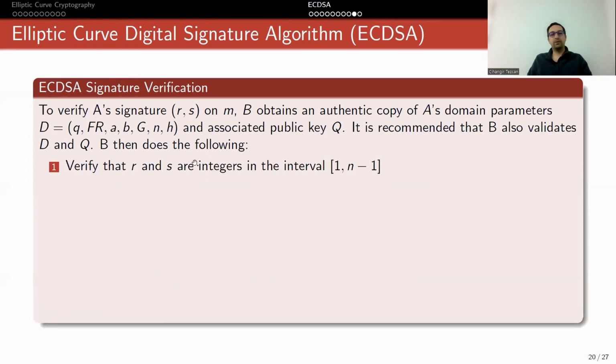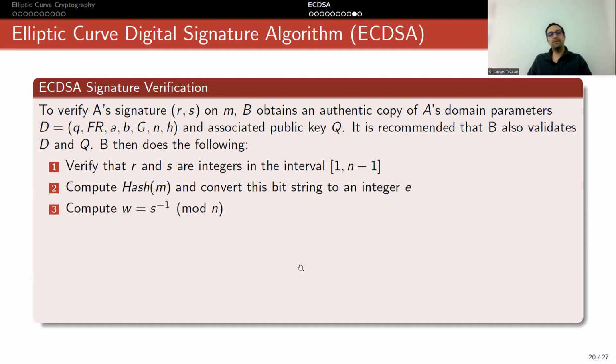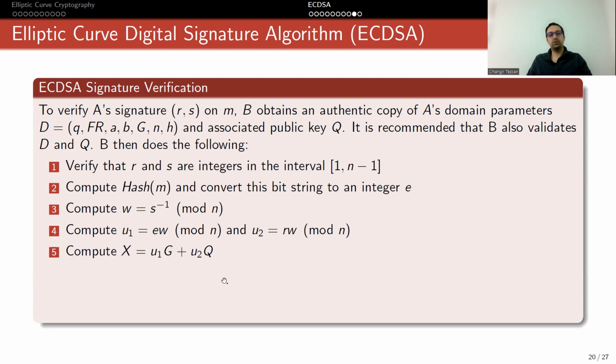Okay. So the verifier does the following: verify that R and S are integers in this interval, compute the hash of the message yourself and convert it into an integer E, compute S inverse modulo n, called W, since you received S from the signature, and calculate E times W and R times W. Again, R is coming from the signature, E is the hash of the message. You obtain U1, U2.